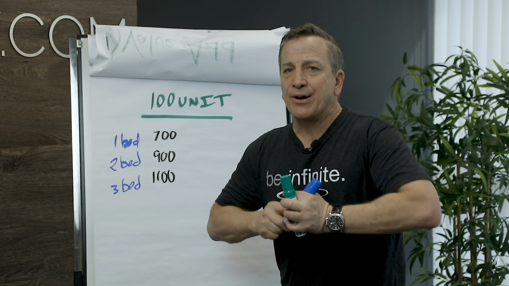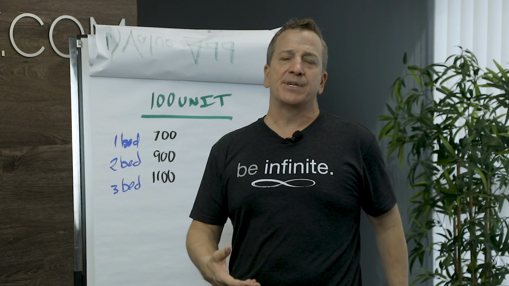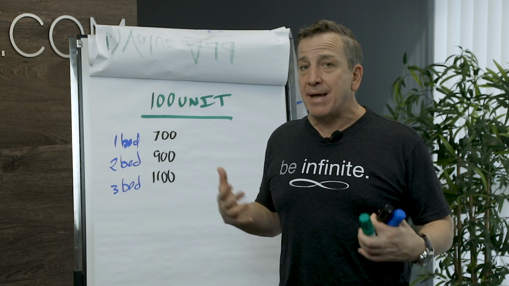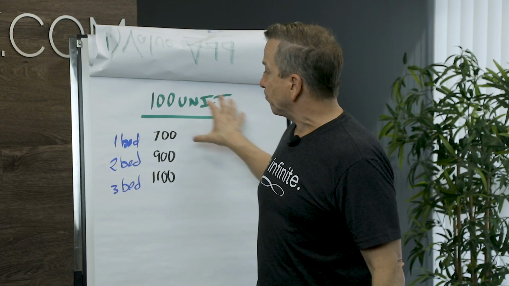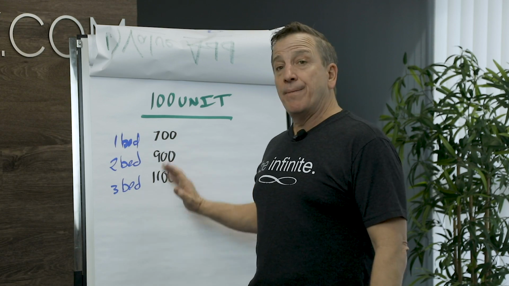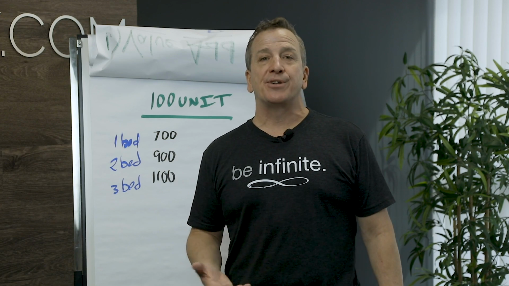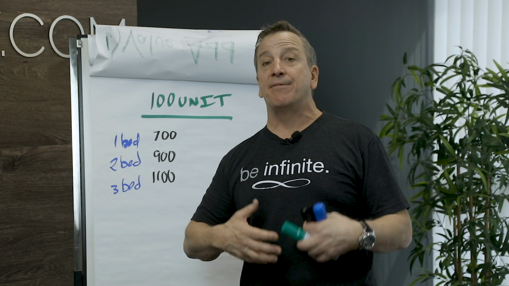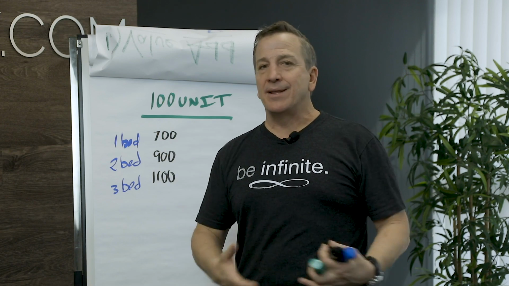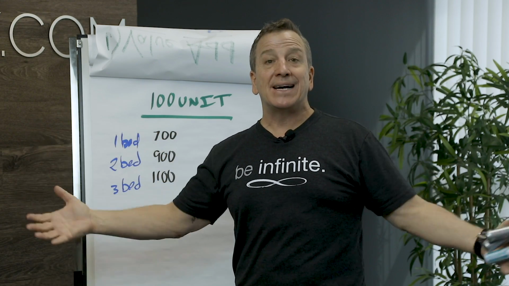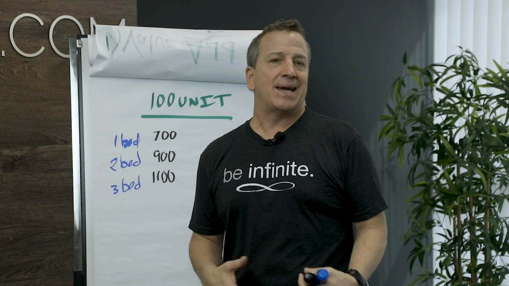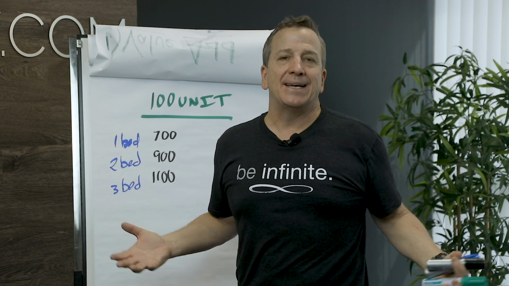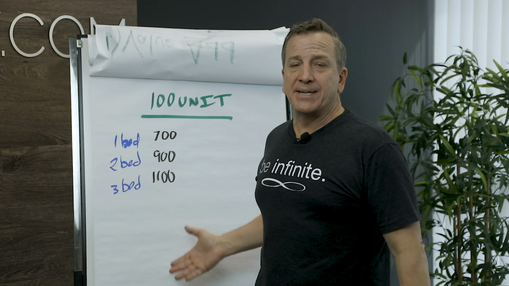These are very close to some of the numbers that we bought on many properties. Now this property might be 20 or 30 years old. It might have old carpet, old paint, old doors, hallways and exterior, all those things that make anything look dated.